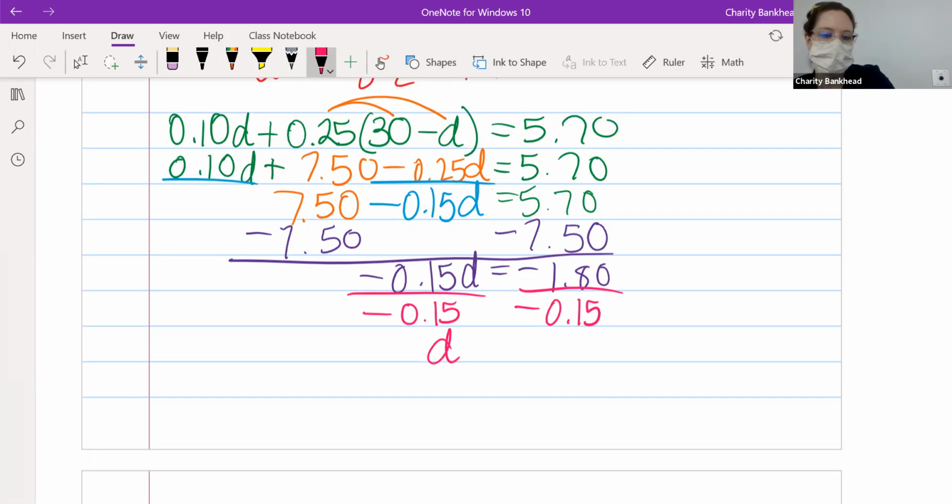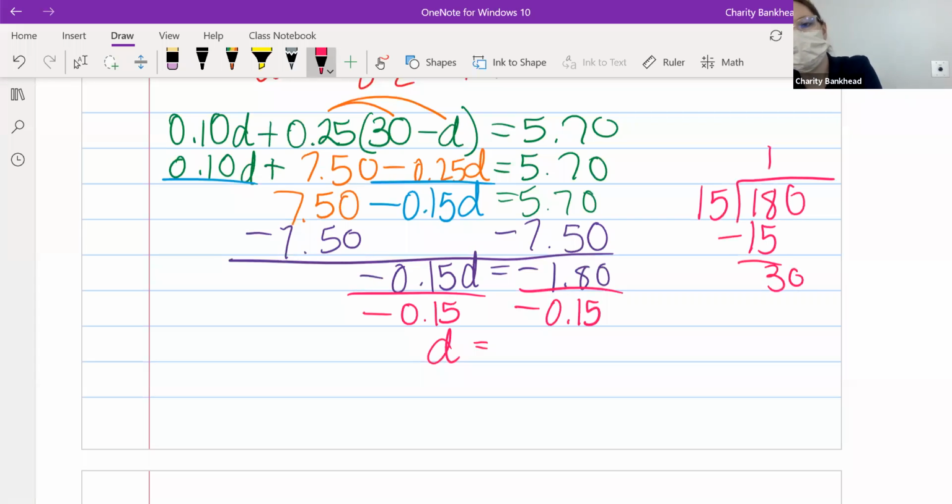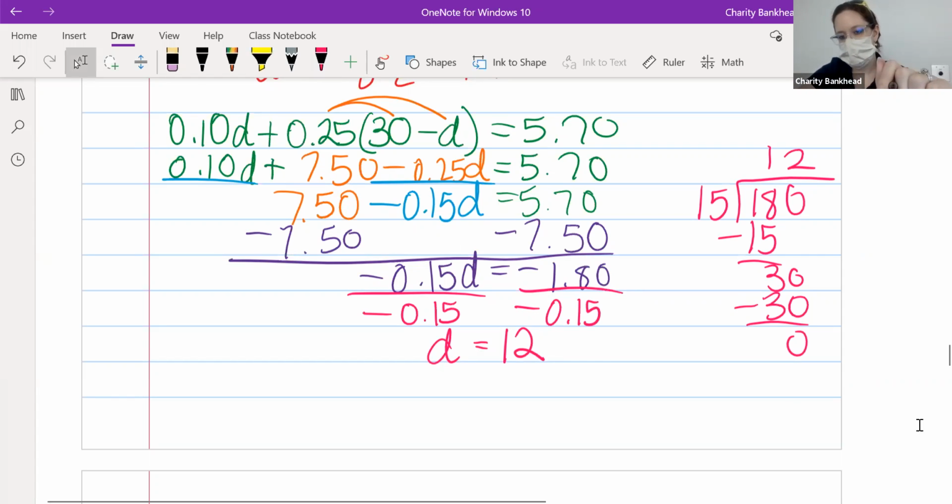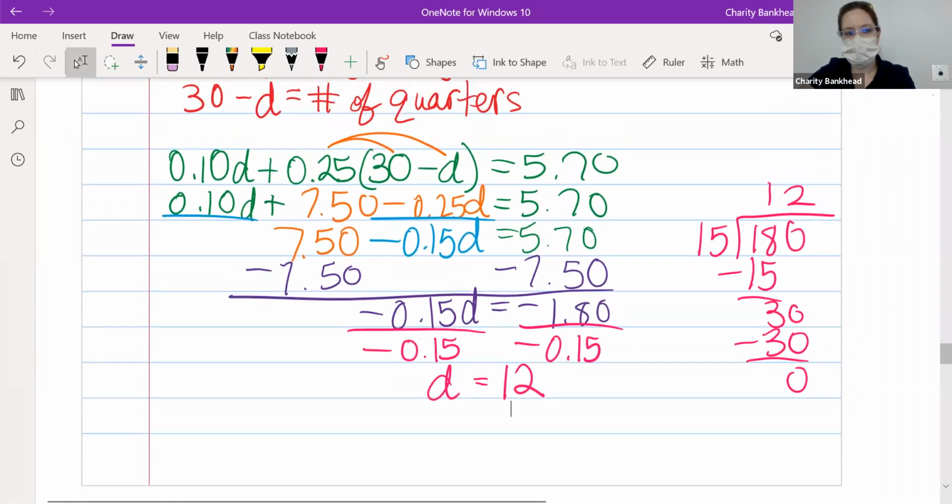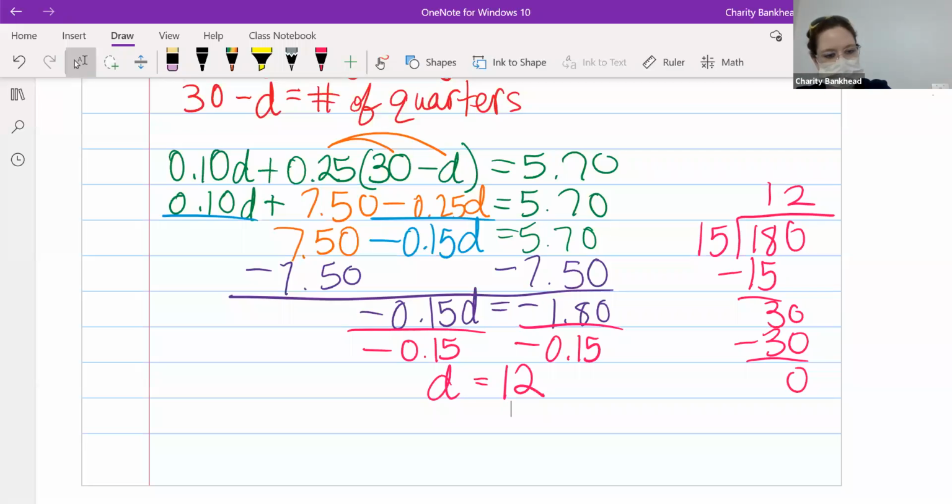So a negative over a negative is a positive. So it's basically the same thing as saying 15 into 180. And that's 12. All right, so she has 12 dimes. So 30 minus 12 would give us 18 quarters.